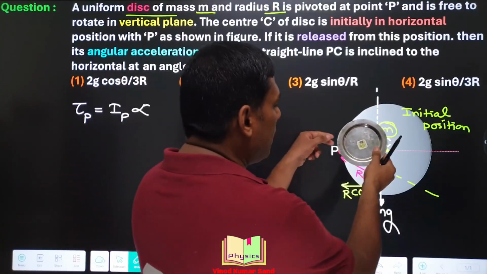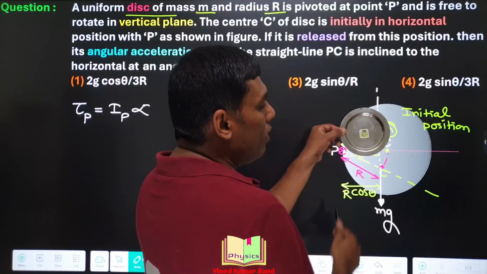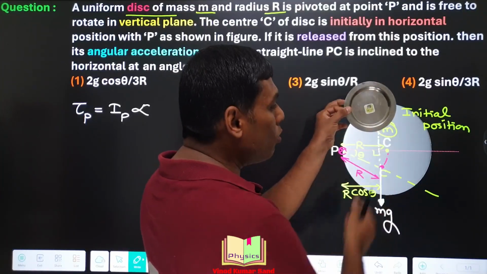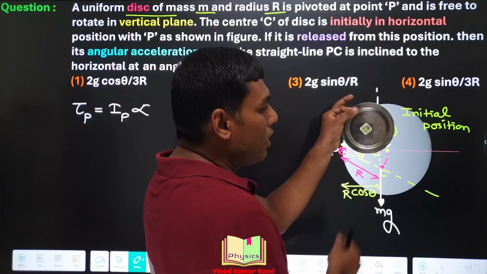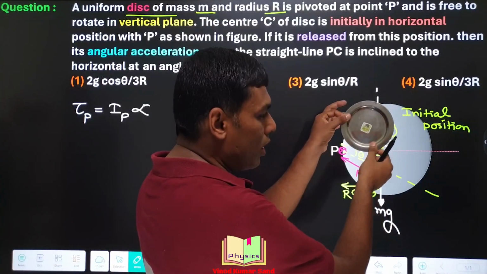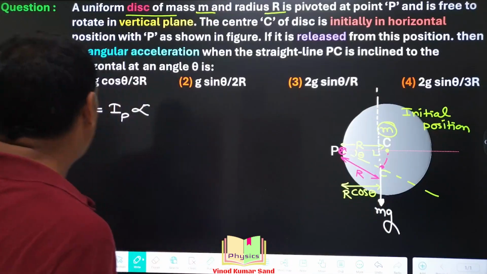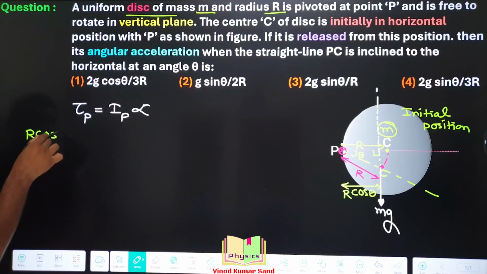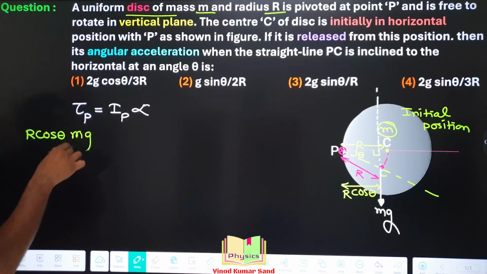About point P, there is torque of only one force, the gravitational force, and due to that force, the disk is going down like this. So the torque about point P can be written as R cos theta times mg.